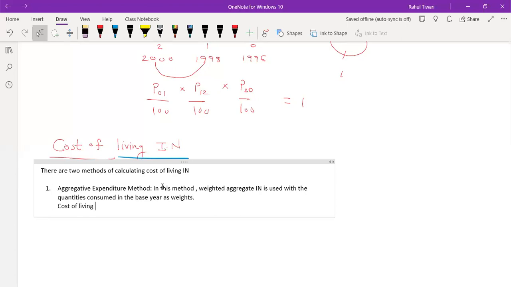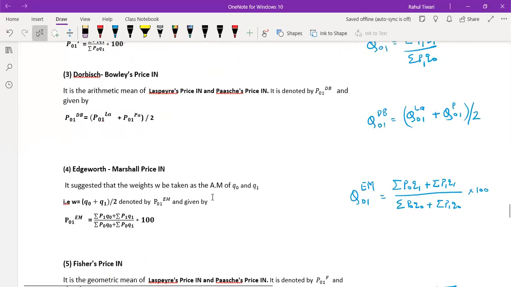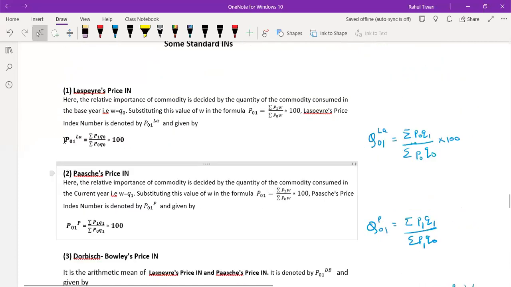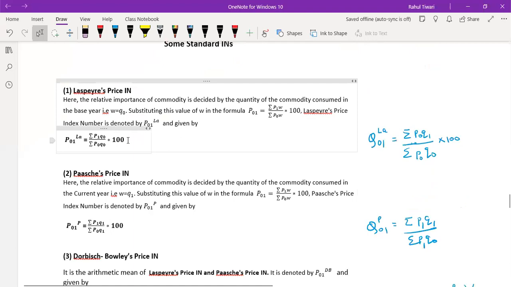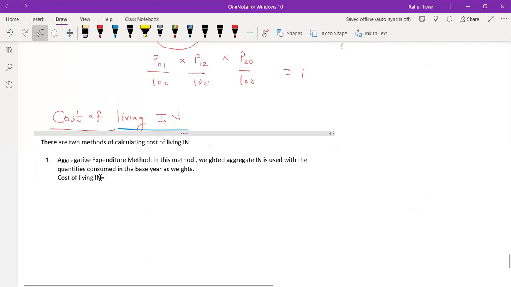Therefore, the cost of living index number is equal to, if you remember, as I said, the quantity consumed, the weight.